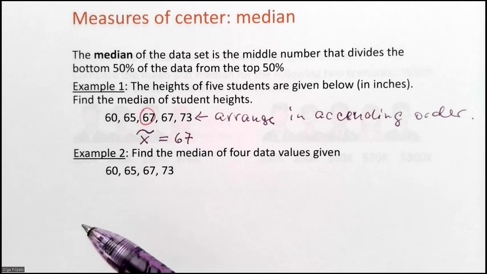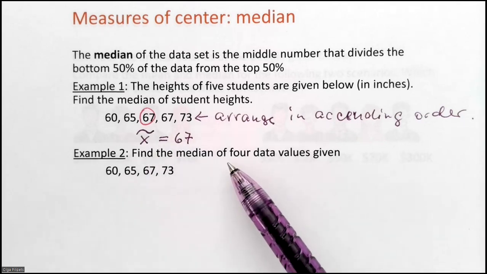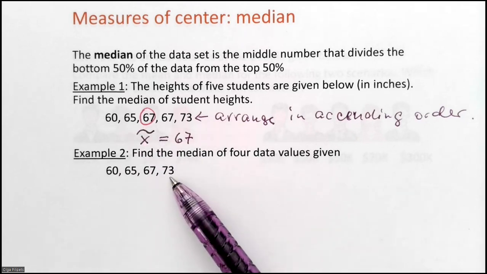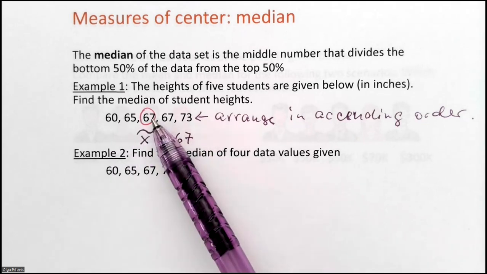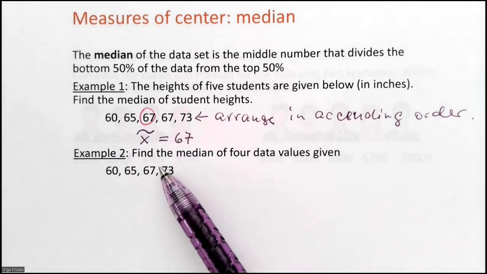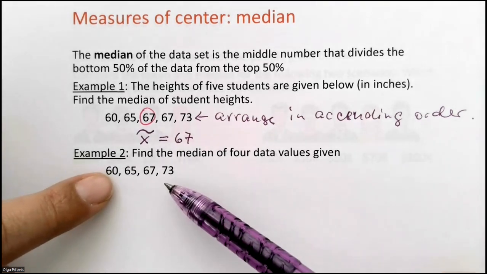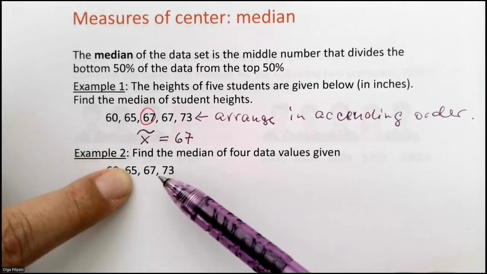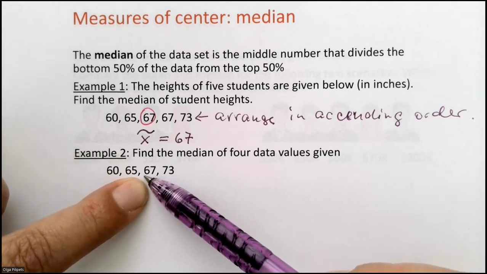All right, so the question is, how do you find the median when your number of data values is even? If it's odd, then you're going to have a definite value in the middle. What if it's even? Then once you start crossing out the values, you cross out 60 and 73, 65 and 67, there's nothing left, right?